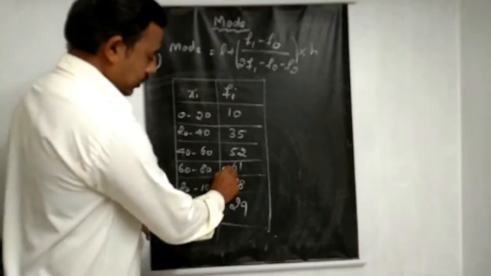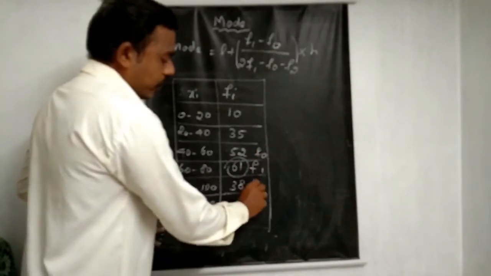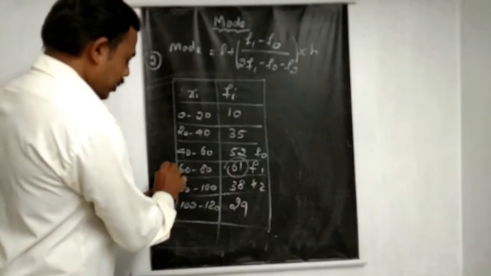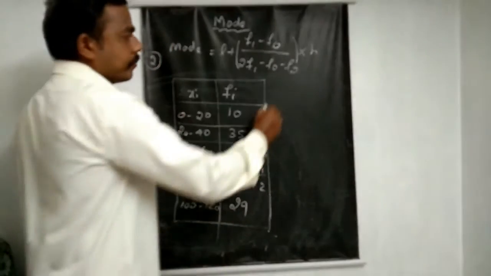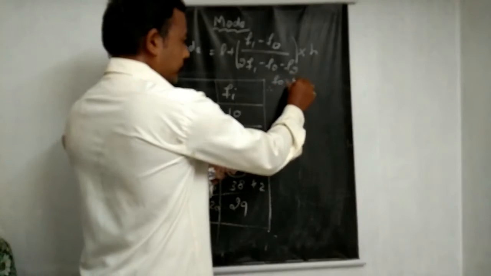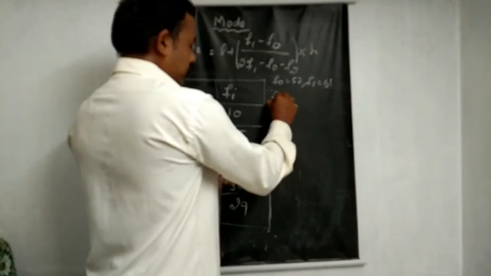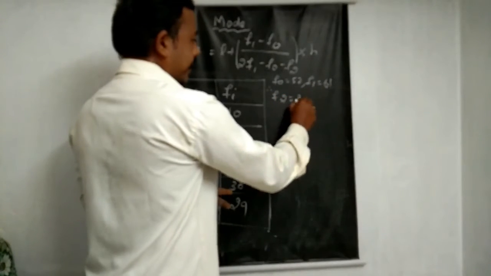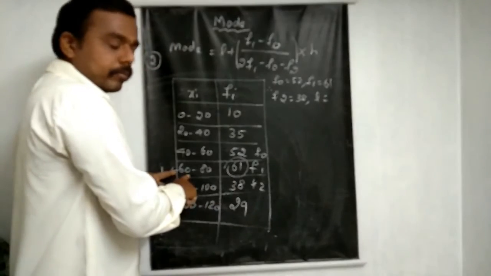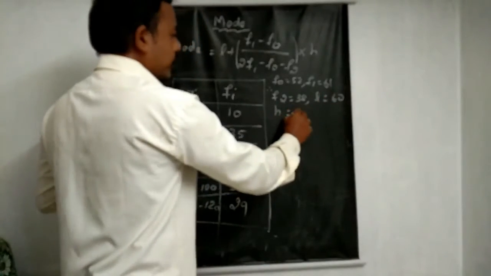So the modal class is the one with 61, so automatically we get F1, F0, F2, lower limit L and finally h equals 20. Therefore we can write F0 equal to 52, F1 equal to 61, F2 equal to 38 and L equal to 60, the lower limit, and h is equal to 20.